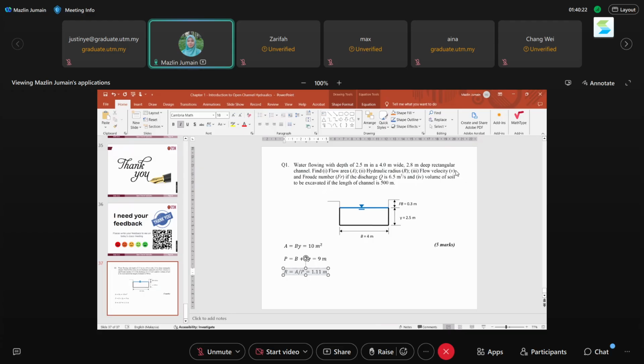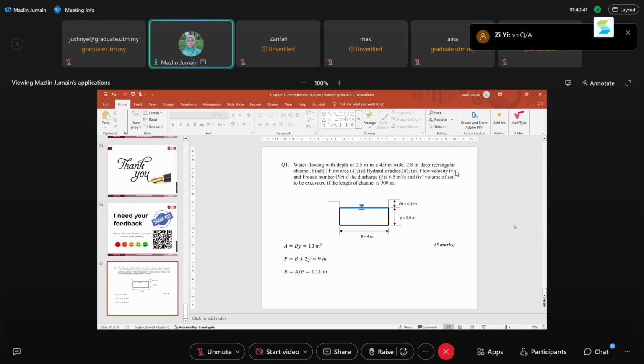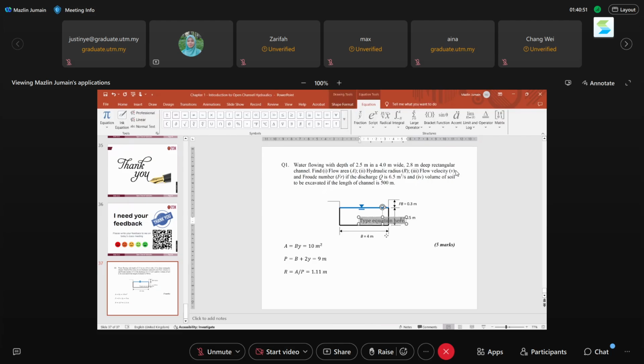Okay. And then for the third one, for the velocity, so how to calculate V? Yes, you can use V equal to Q divided by A. So you just use a general flow equation. So we know that the general flow equation Q equal to AV.